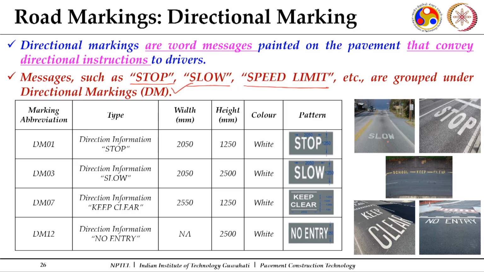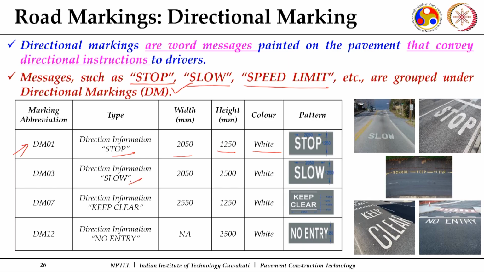These are some of the pictures, and again they are abbreviated as per their different requirements in terms of their width, size, color, and what they are trying to indicate. So like DM, the directional marking, DM01 represents information to stop, and what is the width, what is the height, color, this is to be provided. So here you need to stop, that information is given by the directional marking.